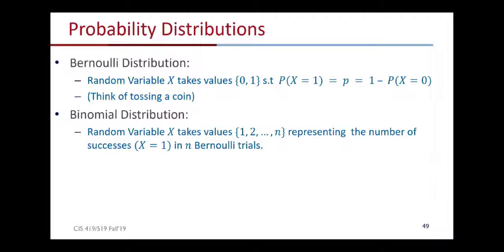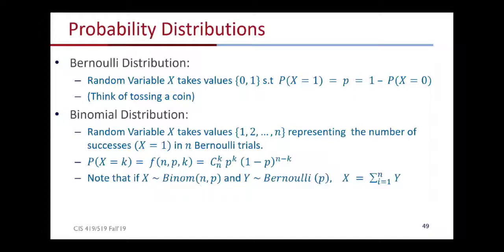So think about tossing the coin n times, and the question you want to ask yourself is, how many successes or how many heads did you get? The probability that you see k successes is n choose k, p to the k, (1 minus p) to the n minus k.